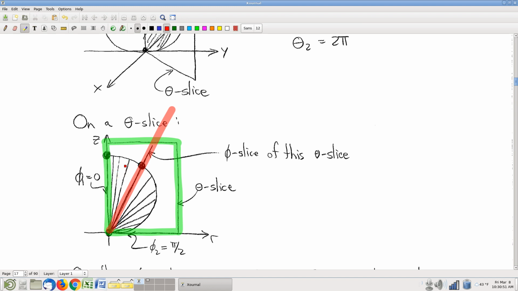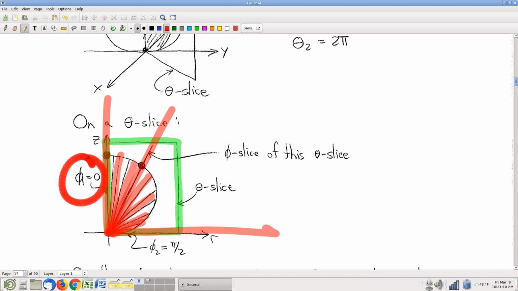Well, it's not hard to persuade yourself that there's the lowest value of phi at 0. And we have these increasing values of phi that keep going until you have your last value of phi there at pi over 2. So we start at 0, we end at pi over 2.